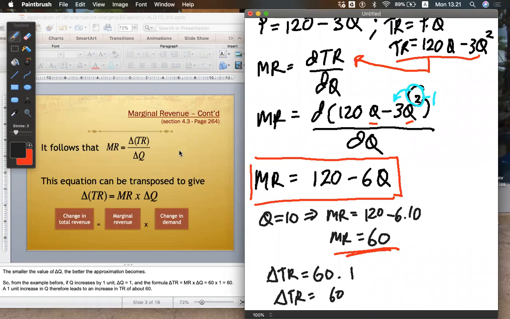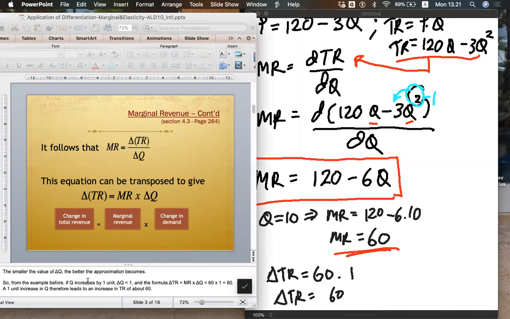This means if Q, or quantity, increases by 1 unit, or delta Q, the change in Q, is 1, then with the formula delta TR equals MR times delta Q, 60 times 1 equals 60. So a 1 unit increase in Q.